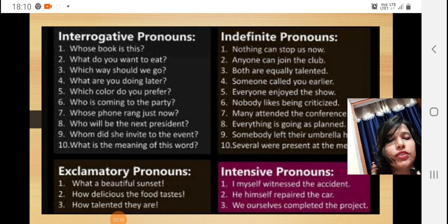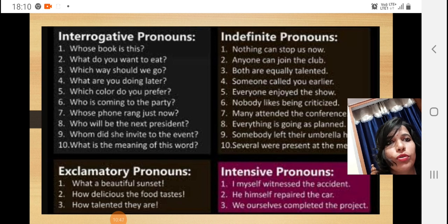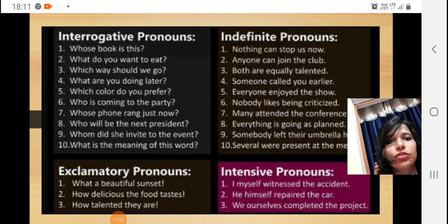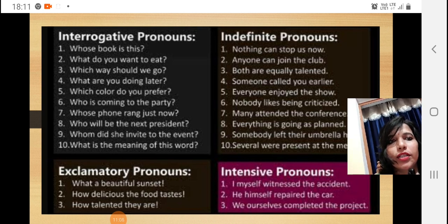They are just non-specific, and they talk about not any particular person or particular thing. In that sense, we refer to these pronouns: nothing, anyone, both, someone, everyone, anybody, nobody, many, several. All these pronouns come here. Now exclamatory pronouns: how, what a beautiful, how delicious. These sorts of words are used, and the mark of exclamation is the hint to identify them.